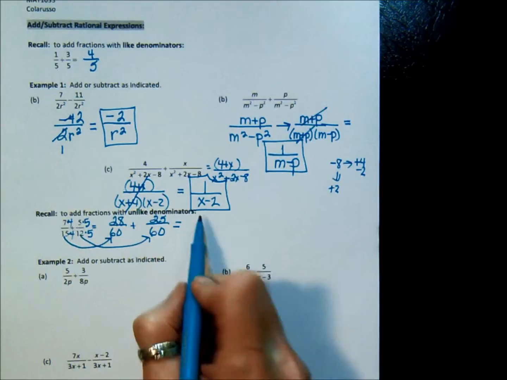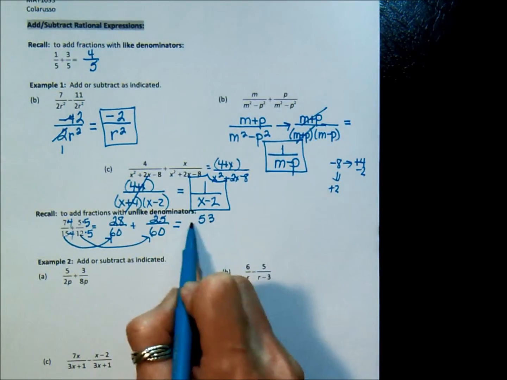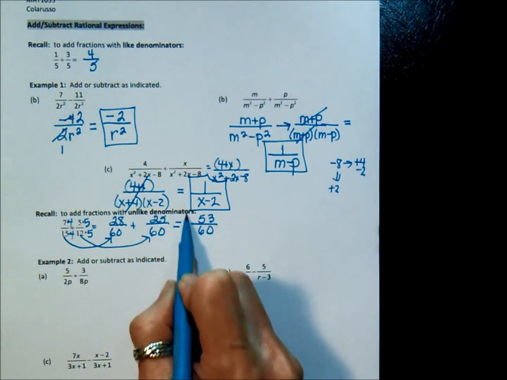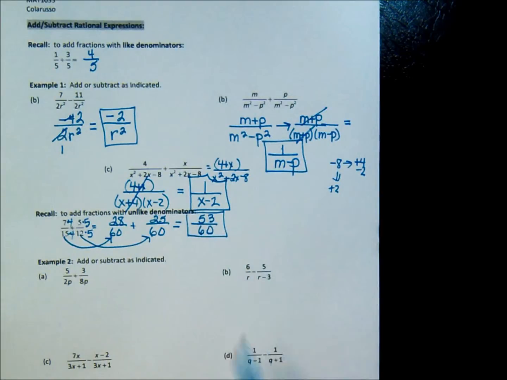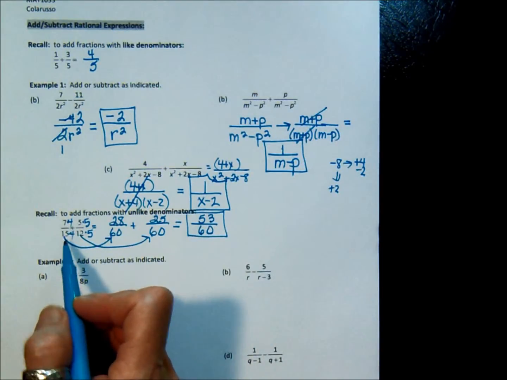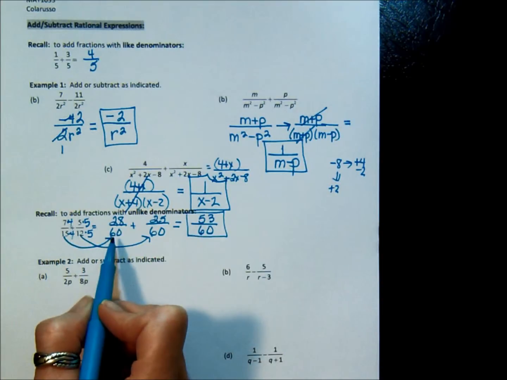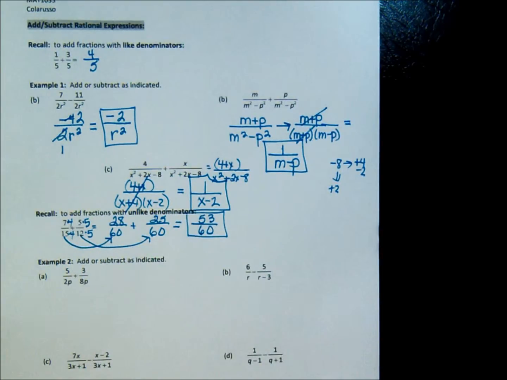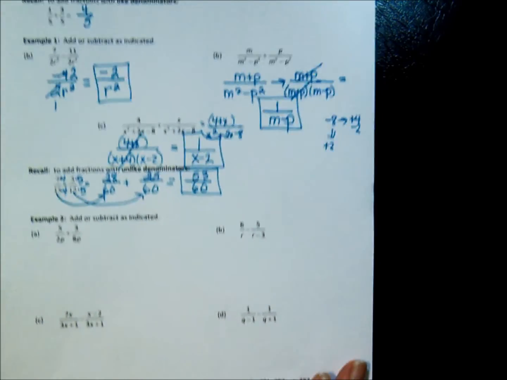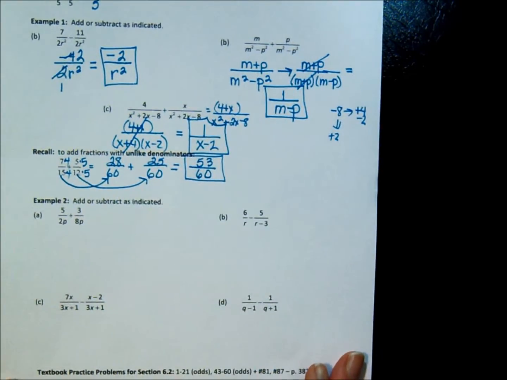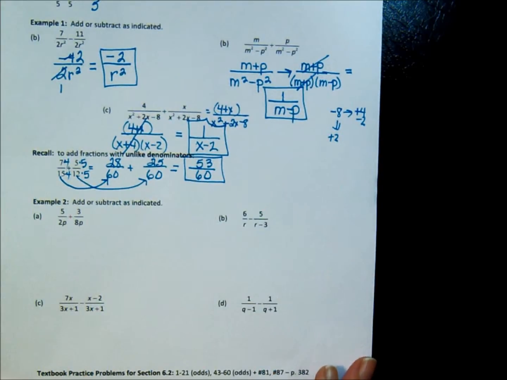And I end up with 53 over the common denominator of 60. But we had to first find that common denominator, and then multiply numerator and denominator by whatever it took to get the denominator to be the LCD. So we're going to do the same thing with rational expressions, but it is a little more involved, and you're going to have to be very careful how you write these.